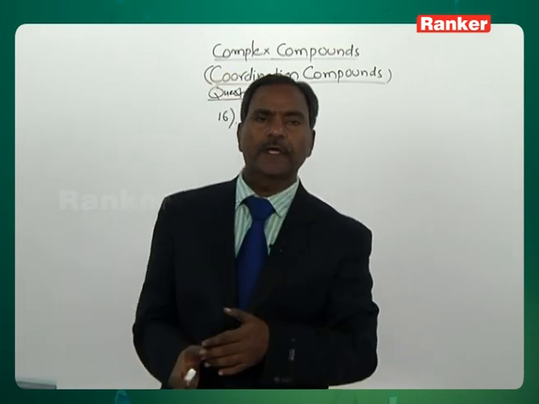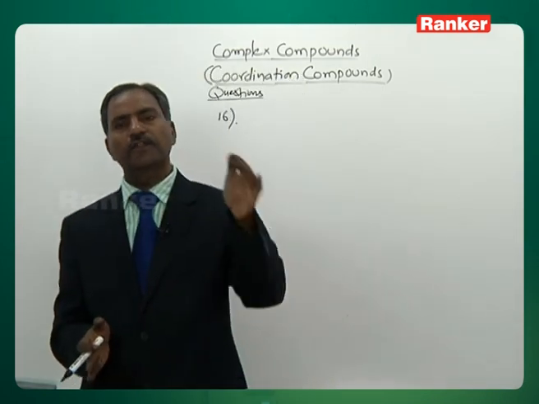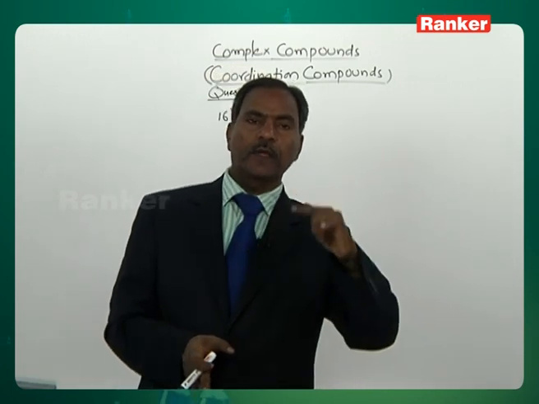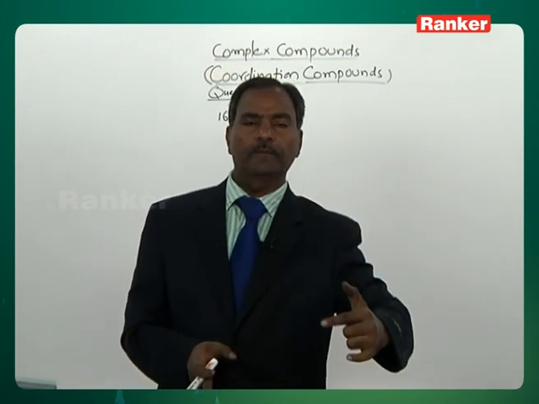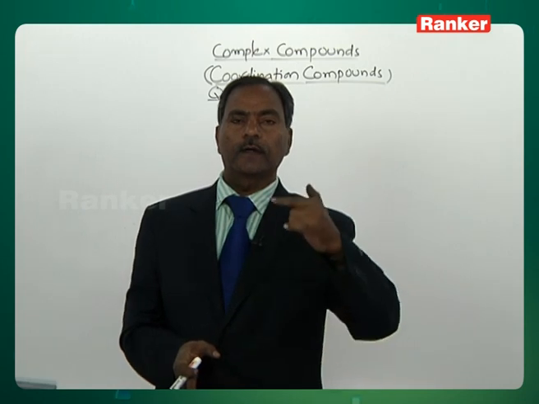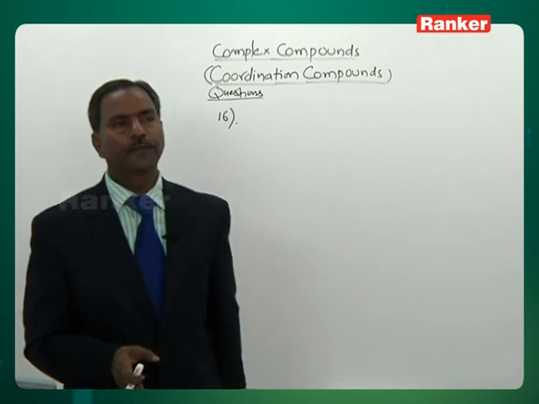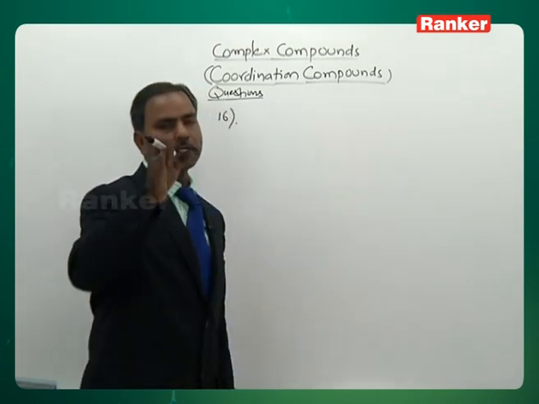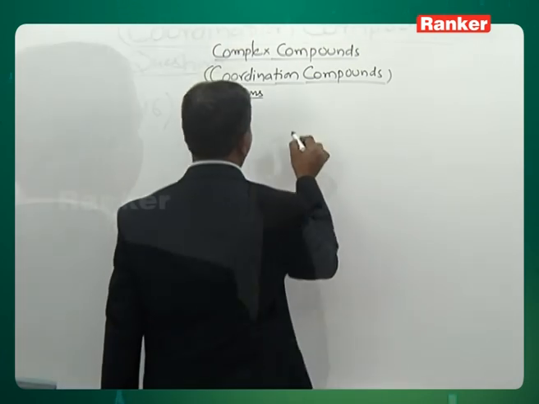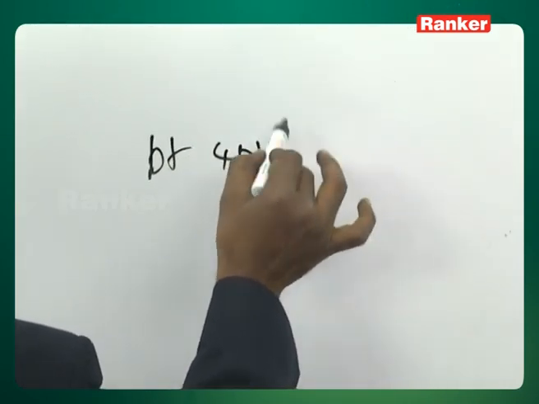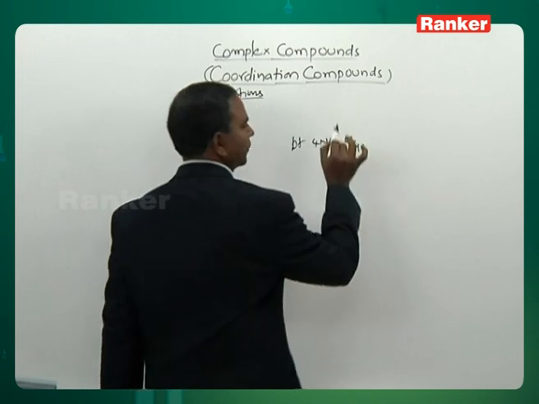Such a ligand is shown by a dotted line and also by a solid line. Such a ligand is exhibiting what? Dual character. Now in this particular question, what complex is given? Pt(NH3)4 Cl4.